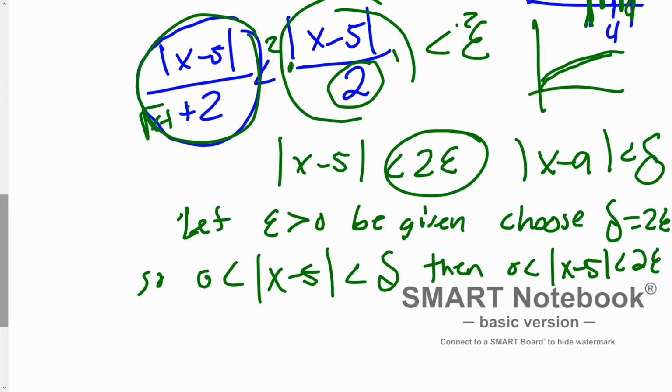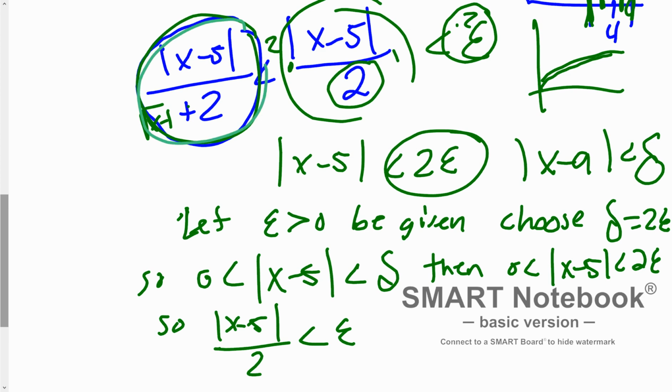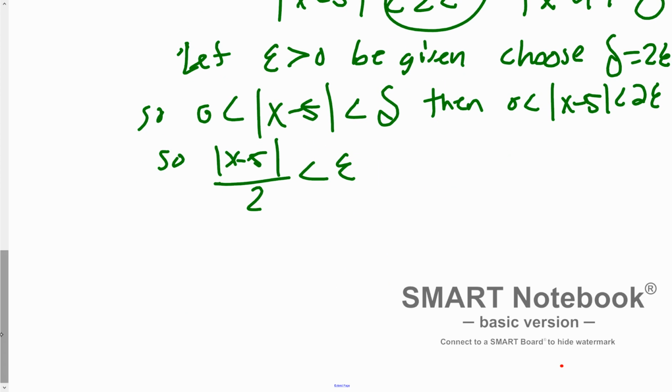It's 2 epsilon, and now I can start reworking it, right? Which I just come back over here and say, okay, well, I multiplied by 2, so in order to get epsilon by itself, I divide by 2. So divide both sides by 2, so that's x minus 5 over 2 is less than epsilon, and this is where I put this thing back in. Okay.